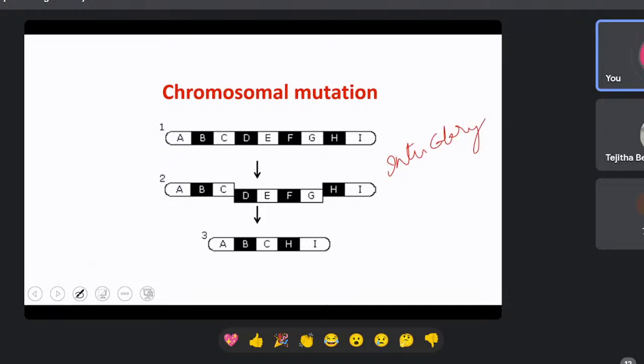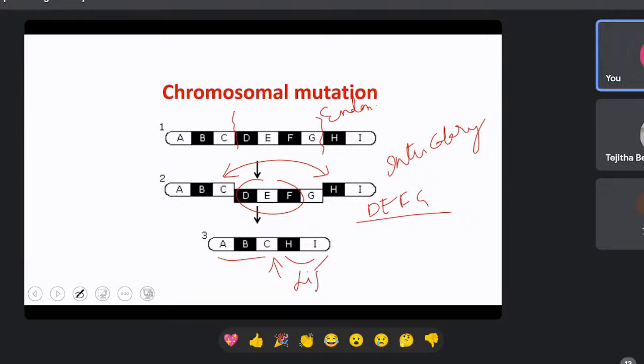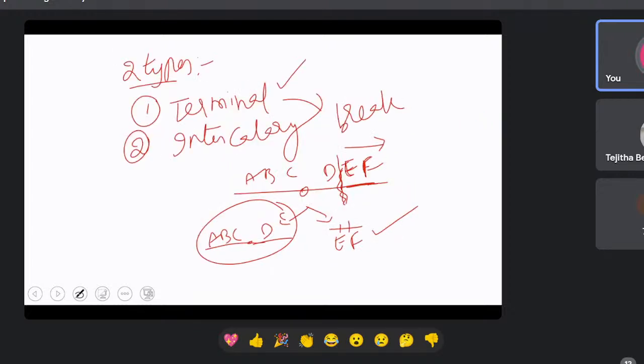Here a break came here, and a break came here, between C and D, and between G and H. After the break, the segment DEFG separated. Then these two joined: ABC and HI are joined by ligase. So endonuclease, let us say, deletes, ligase adds. Here it requires two breaks and one addition in case of intercalary deletion.